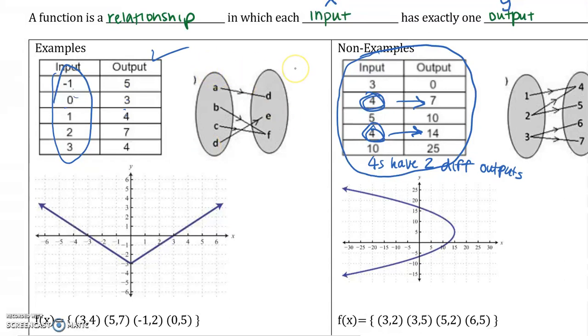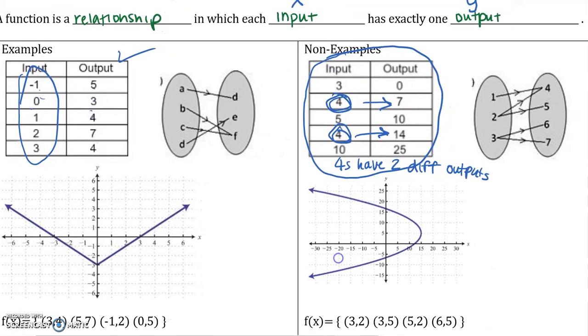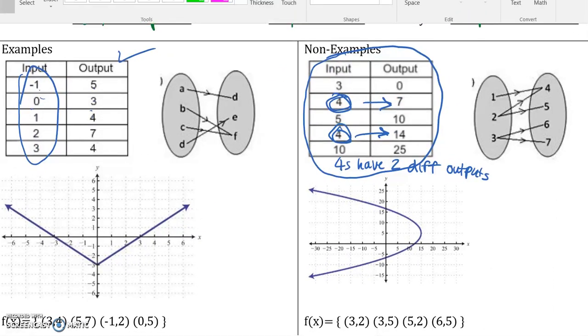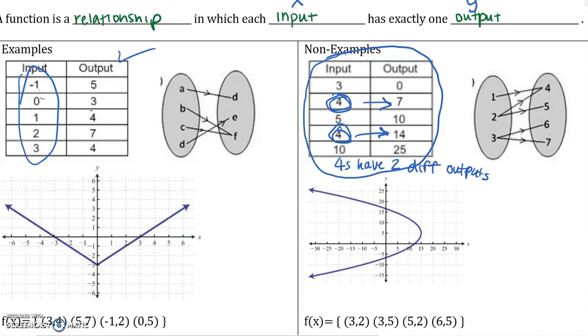Let's look at these weird bubbles. The bubbles are another common way that you might see functions represented. If you're looking at the bubble, again, typically the bubble on the left is your x values, your inputs, and the right is your y values. So if we look, A goes to D, B goes to F, C goes to F, and D goes to E. So this represents a function because each x goes to one y.